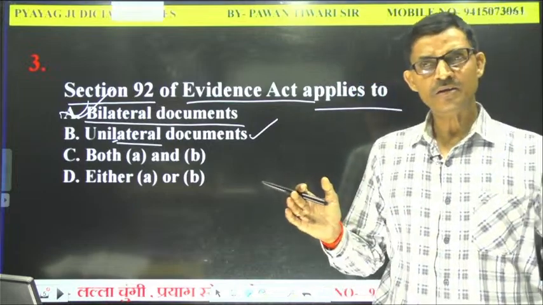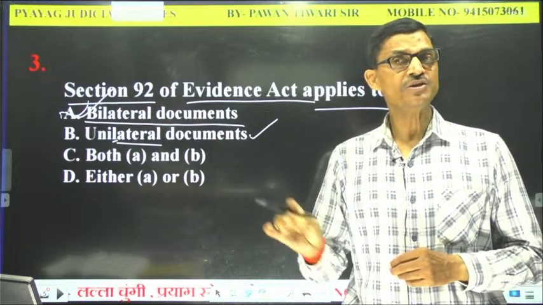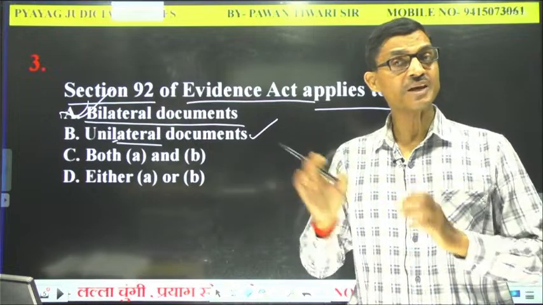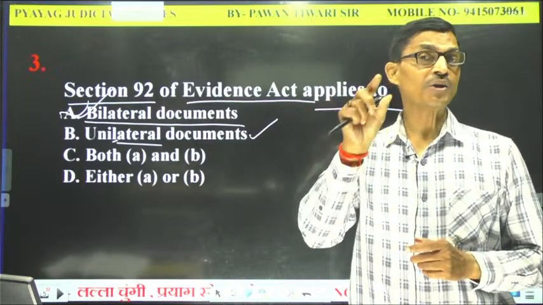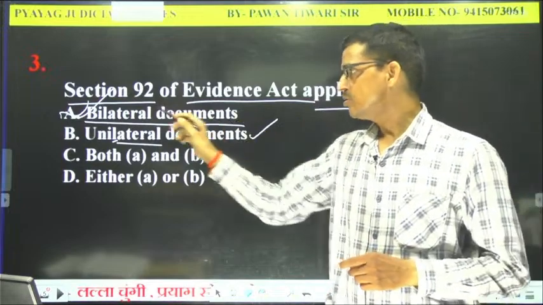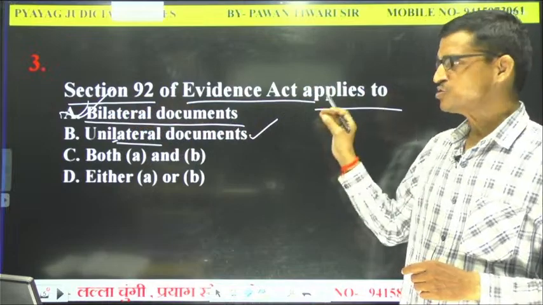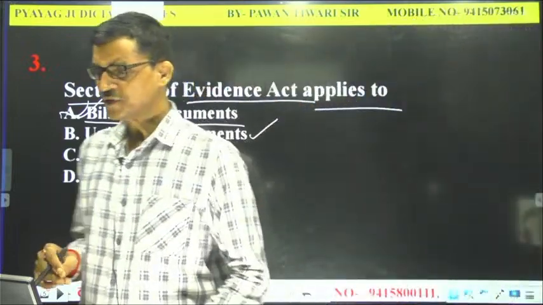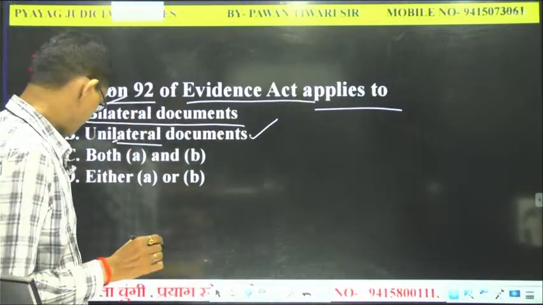If any contract is made between the parties and documents are produced on either sides, it means A and B. Both documents are required. So Section 92 of Evidence Act applies to bilateral documents. It is the correct answer of the question. Okay. A is the correct answer.